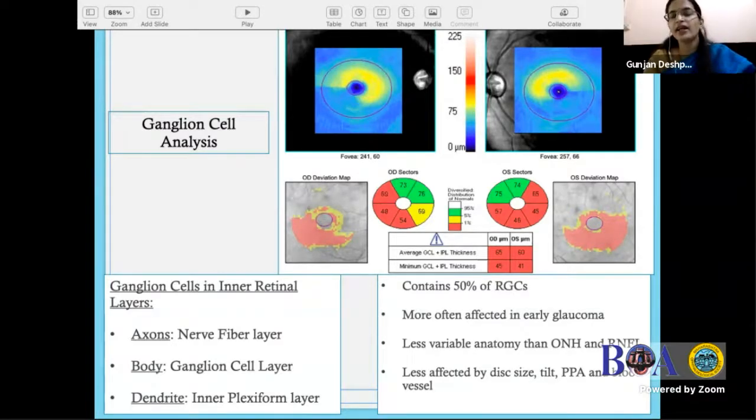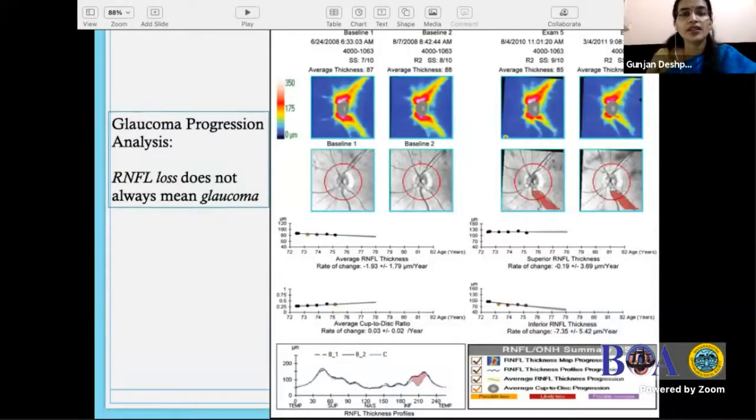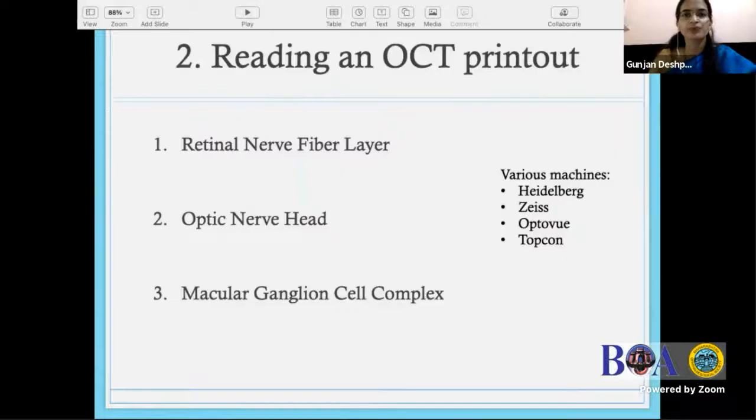And secondly, in cases where the optic disc may not be very clearly studied, for example, if there is a disc tilt or peripapillary atrophy or some abnormality of the blood vessel or some variable optic nerve head size, in these cases, ganglion cell analysis may be important. There is another software called the glaucoma progression analysis. Again, I will not be going into the details.